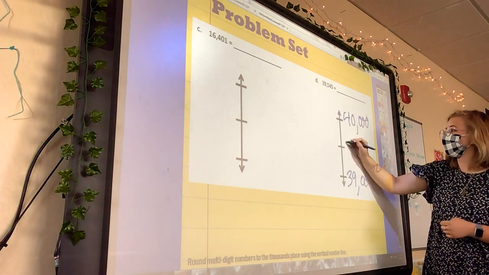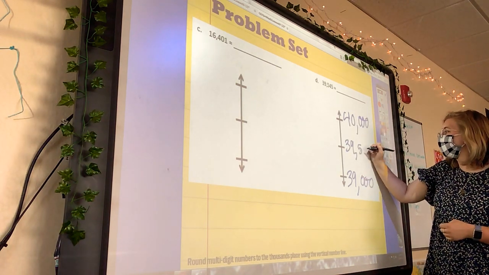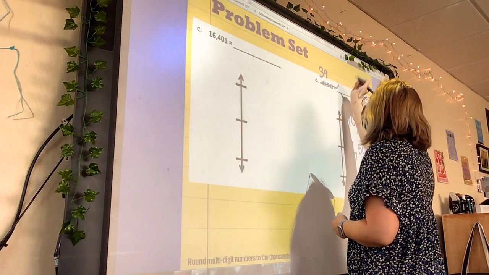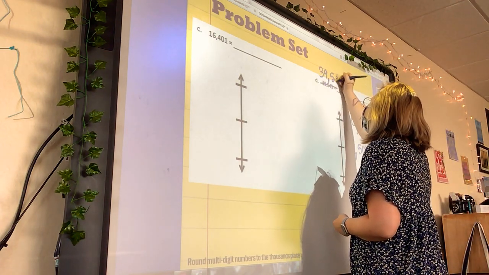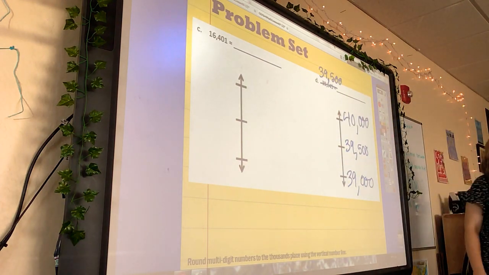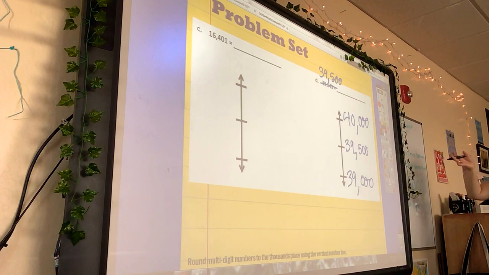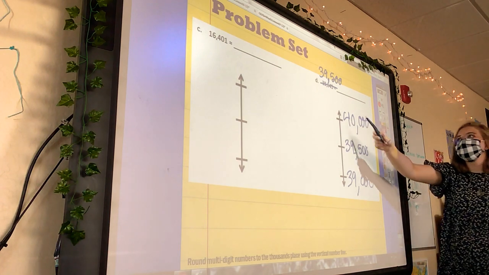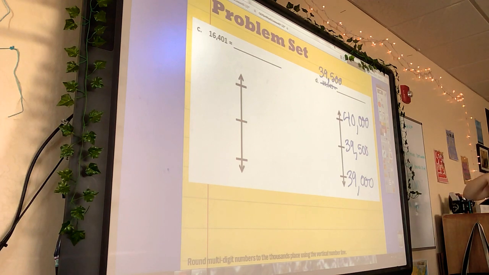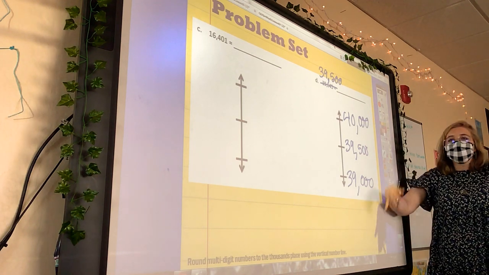Okay, awesome. So Daphne had a great point. She said, what if the number I was working with was 39,500? That's not the exact question she had, but it's basically what she was talking about. So we looked at this problem, but instead of 39,545, what if it was 39,500? So I set up my number line the same way.